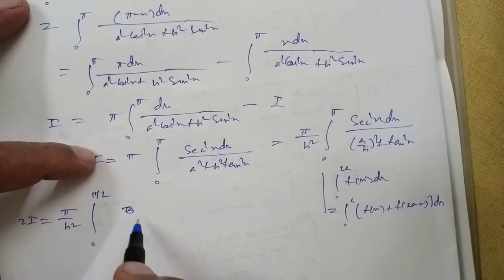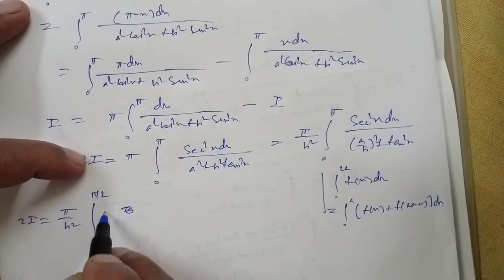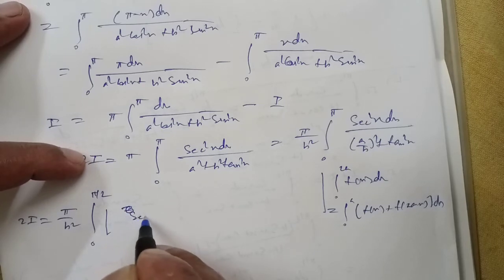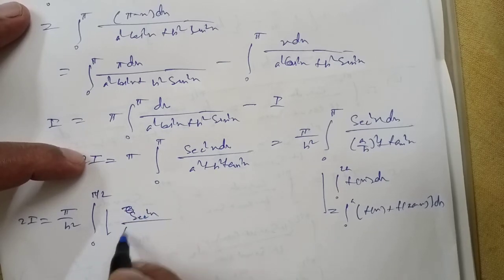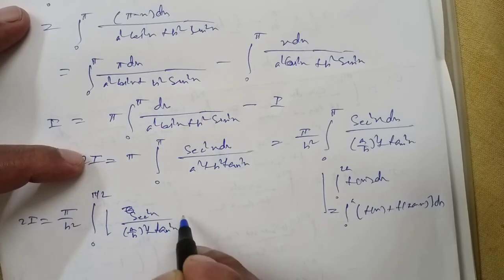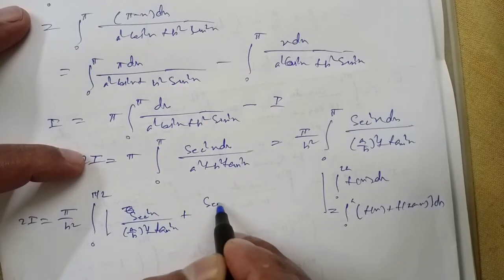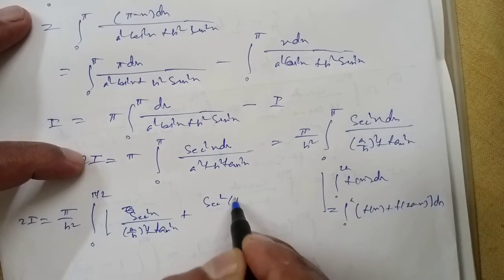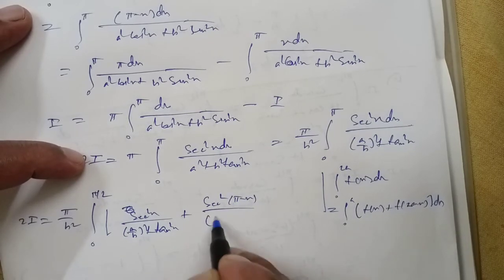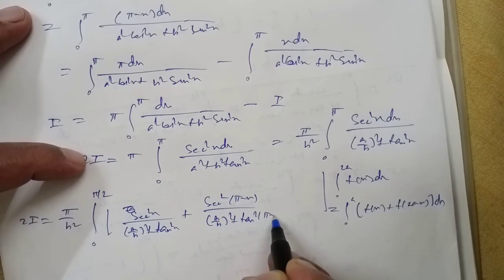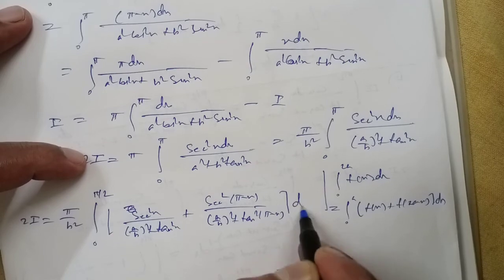So 0 to pi by 2, first we have to write f(x). f(x) means the initial one, that is sec square x by (a by b) whole square plus tan square x, plus sec square of 2a minus x, that is pi minus x, by (a by b) whole square plus tan square of pi minus x, then dx.